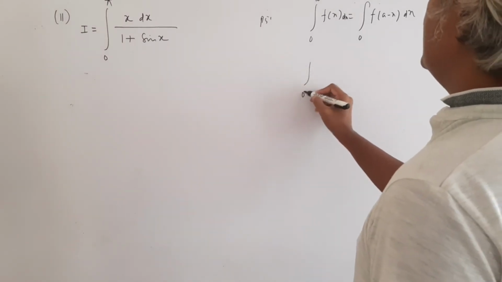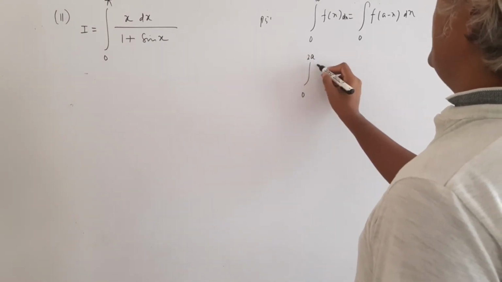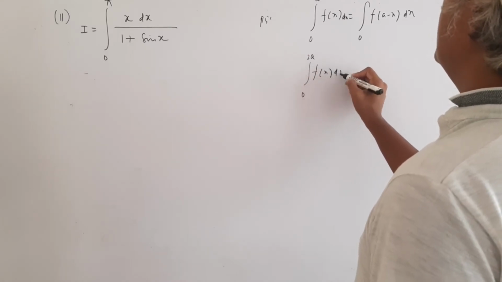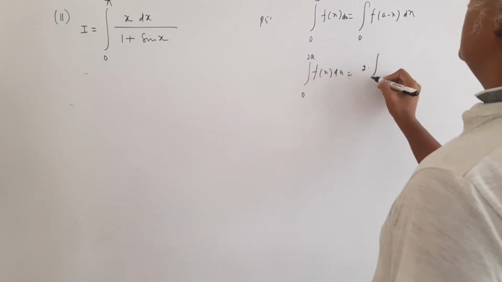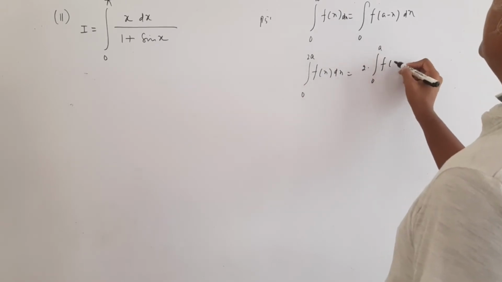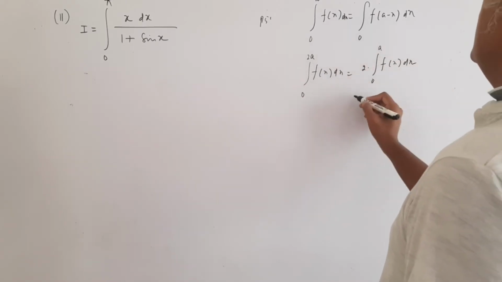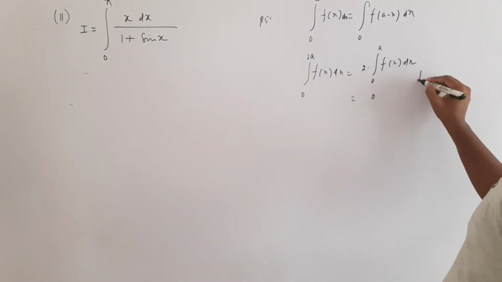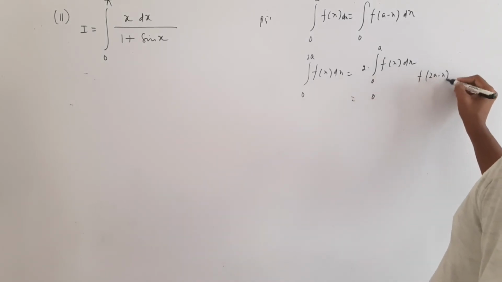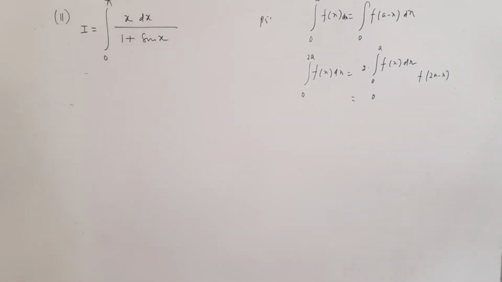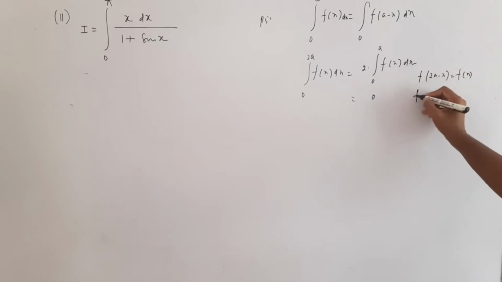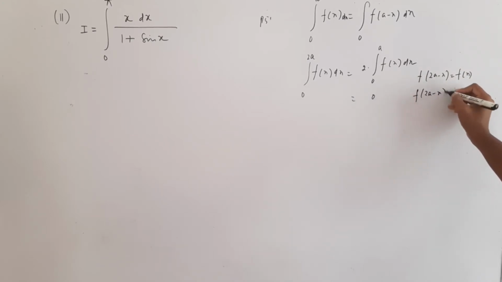Now if you see that this pi can also be written as 2 dot pi by 2, we have another property that the integral from 0 to 2a of f(x) dx is 2 times the integral from 0 to a of f(x), or 0, depending on whether f(2a minus x) is f(x) or f(2a minus x) is minus f(x).